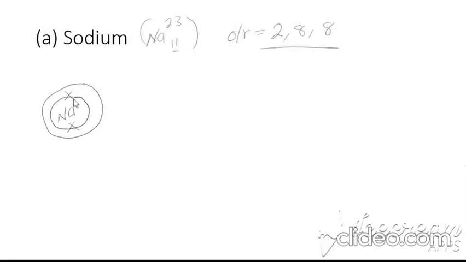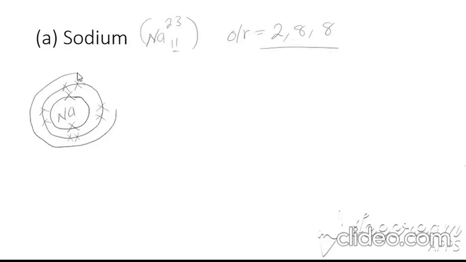We have already subtracted 2 from 11, so we remain with 9. The second shell should have 8 electrons: 2, 4, 6, 8. So this second shell is stable.